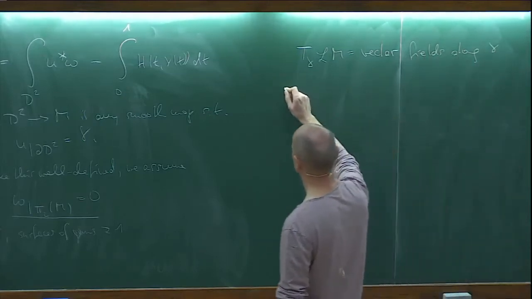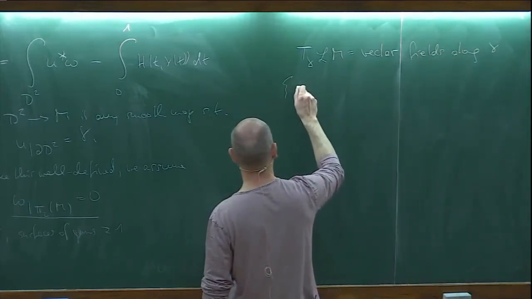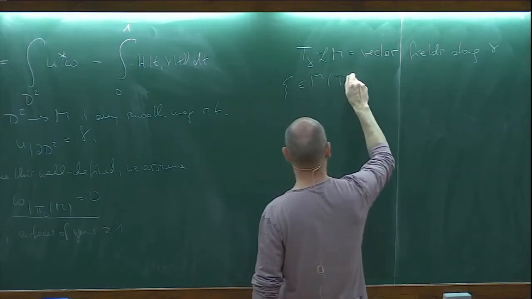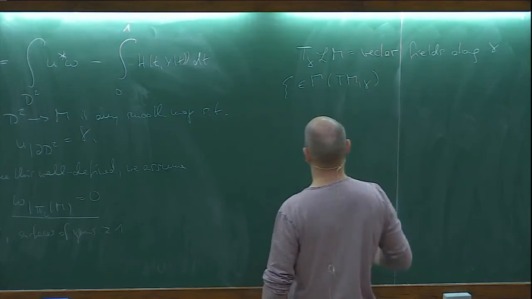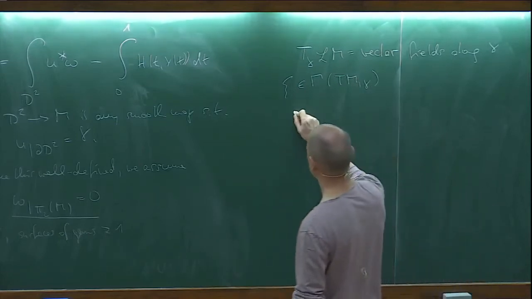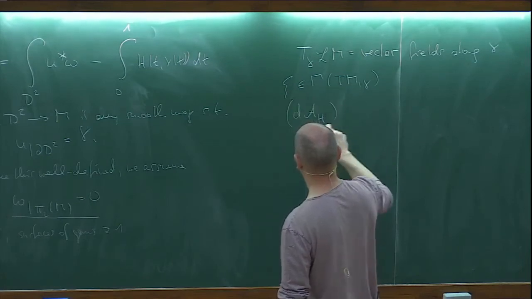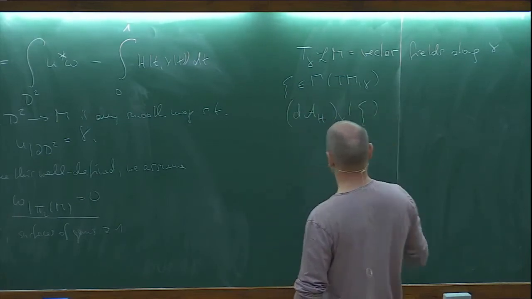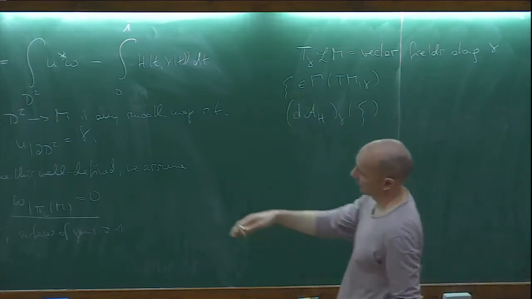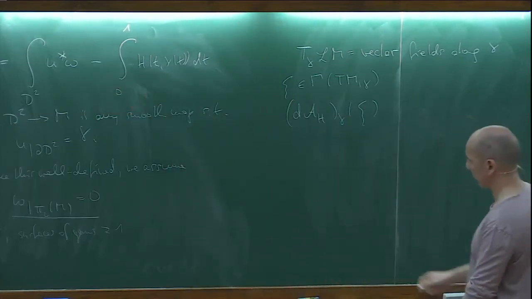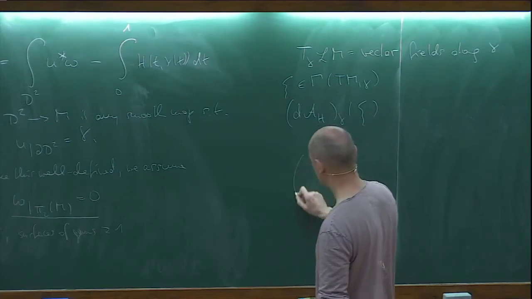Right. So if I have a smooth vector field C along gamma, then what's the differential of my action functional on this smooth vector field? Well, let me draw a very schematic picture.